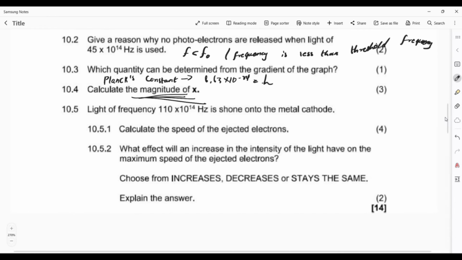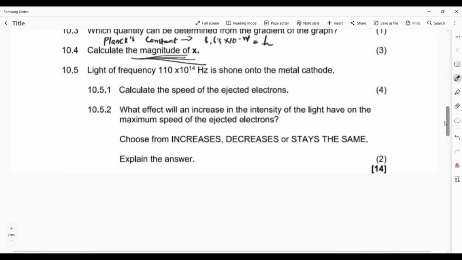Then the next question says light of frequency 110 times 10 to the power 14 is shone onto the metal. Calculate the speed of ejected electrons. So in order to calculate the speed, you're going to use the formula E is equal to W0 plus the kinetic energy.